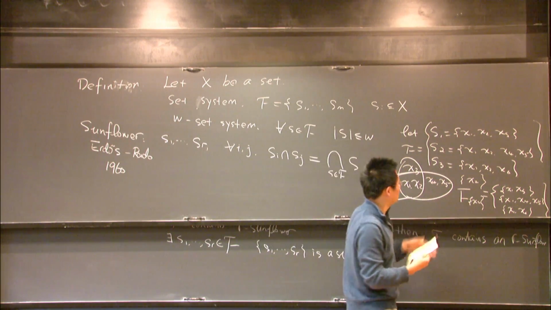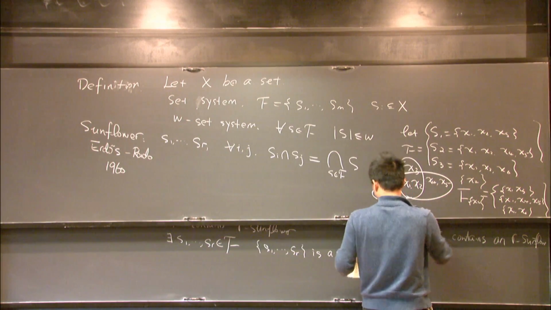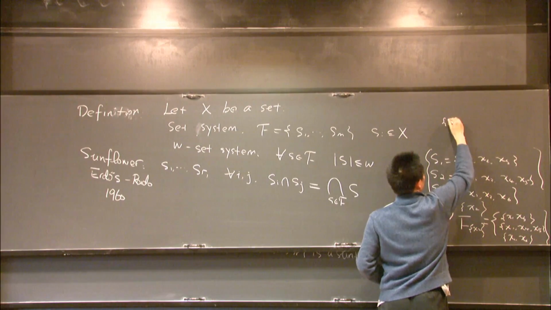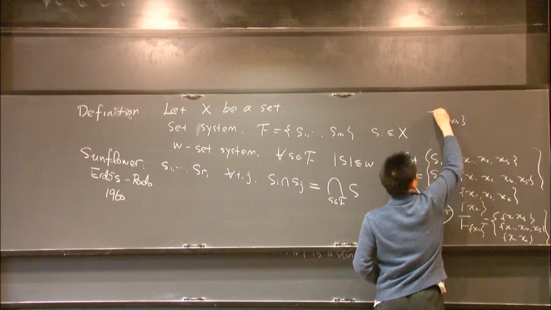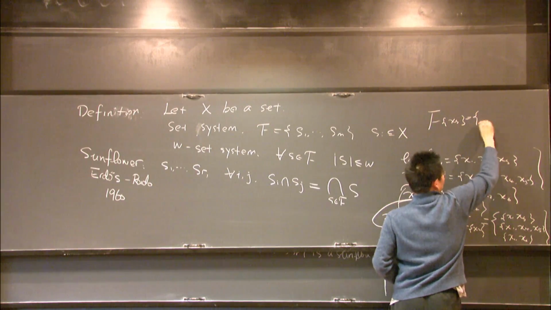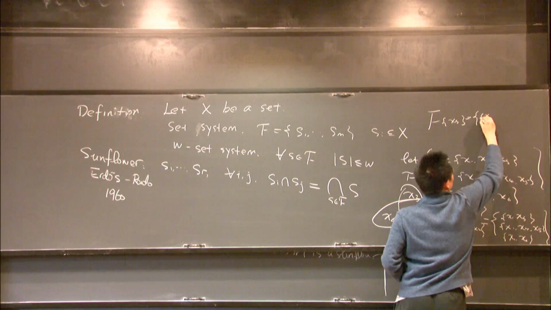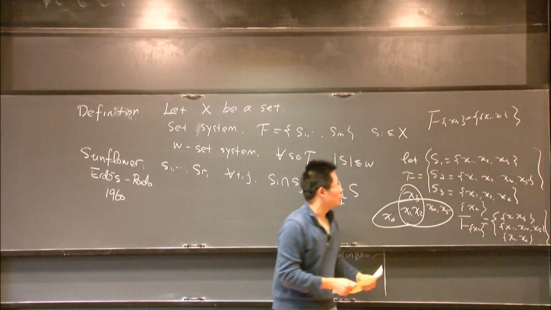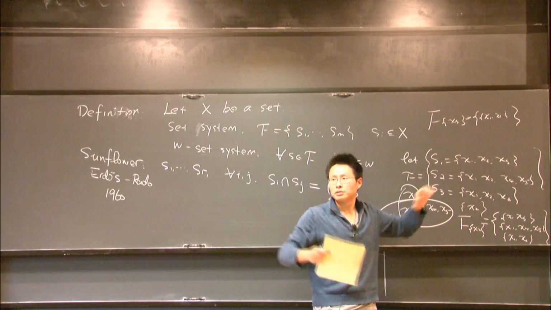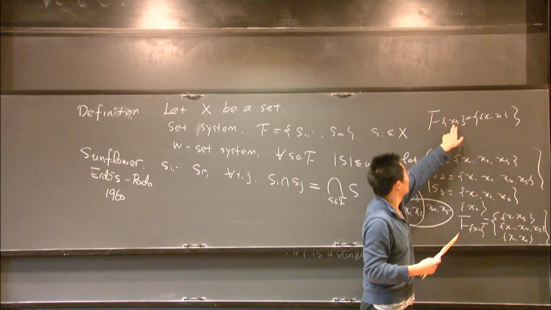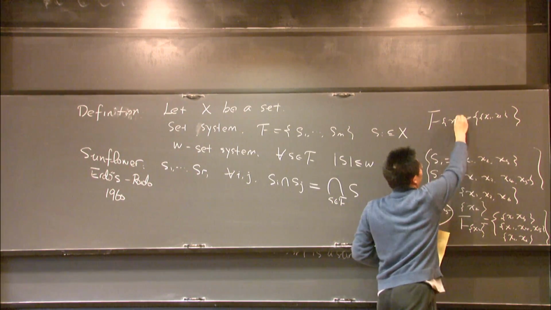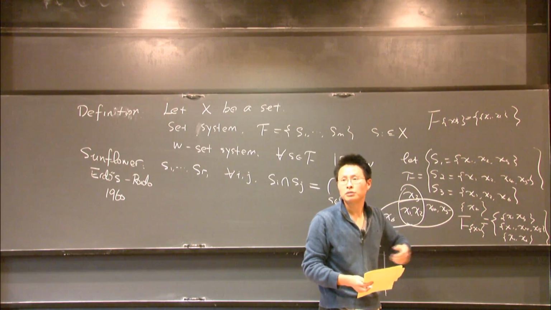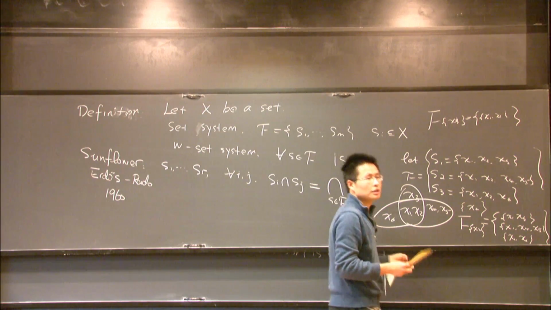But if we take, for example, x3, then the link becomes much smaller: just x1 and x2, because only the first set contains x3, and we take it and remove x3. The other two sets do not contain x3, so we throw them out. Okay, so this is the definition of a link.